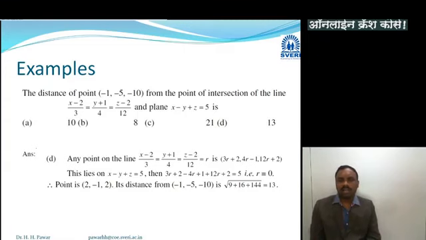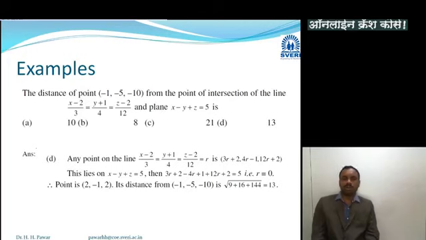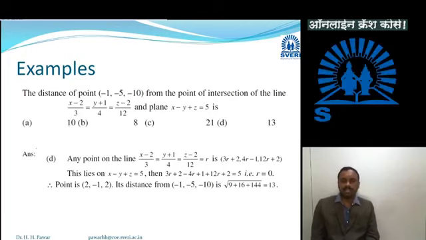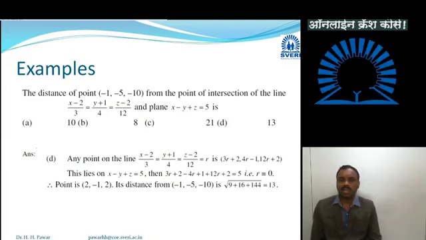As it lies on the plane x minus y plus z equal to 5, put the values of x, y, z in this equation, we'll get 3r plus 2 minus 4r plus 1 plus 12r plus 2 equal to 5. That is r is equal to 0. Hence the point is (2, minus 1, 2), and its distance from (minus 1, minus 5, minus 10) using the distance formula is 13.